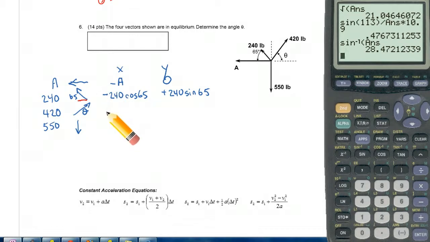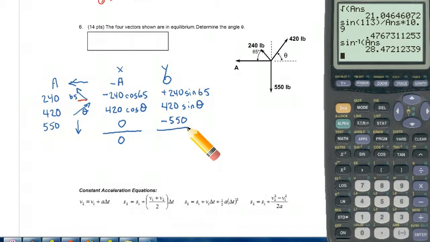For the 420, it's going to the right, 420 cosine theta, which we don't know, and it's going up, 420 sine theta. And our last vector, 0 in the x, minus 550 in the y. Be careful with signs and with your trig functions. All those add up to 0 in the x and 0 in the y, because it's in equilibrium.